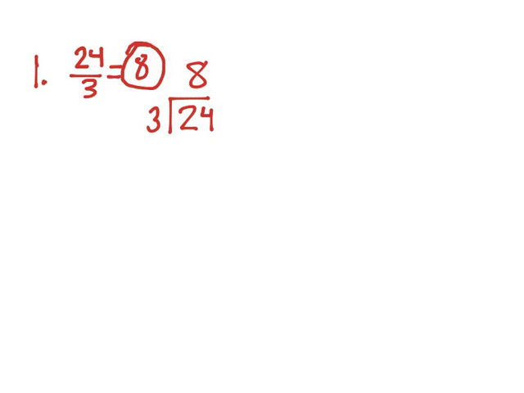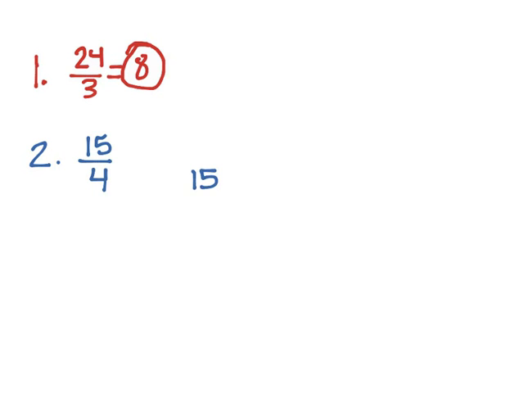Let's try another example. Number 2, 15/4. Think of 15 being too heavy for the top, so it falls over into a division box, and then 4 goes outside. Remember, numerator goes inside, denominator goes outside. How many times does 4 go into 15? You count by 4s: 4, 8, 12. That's as close as we can get to 15 without going over.